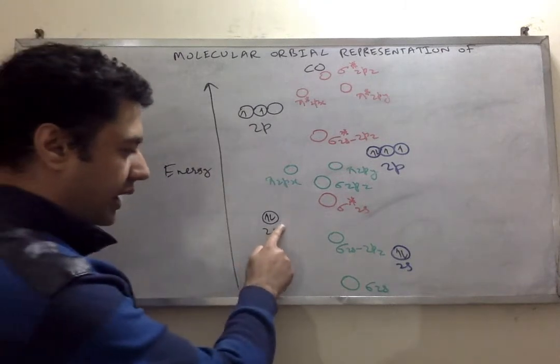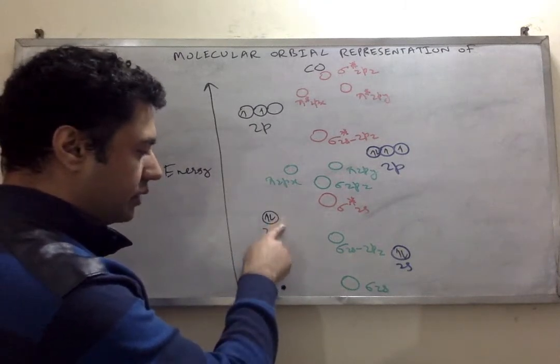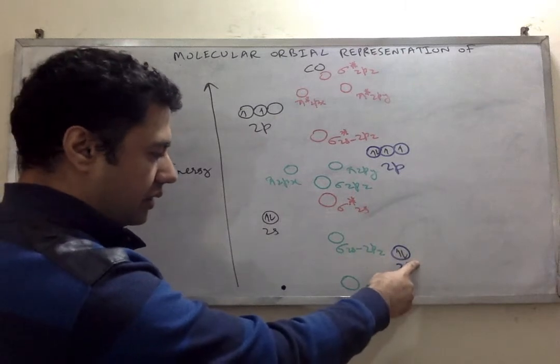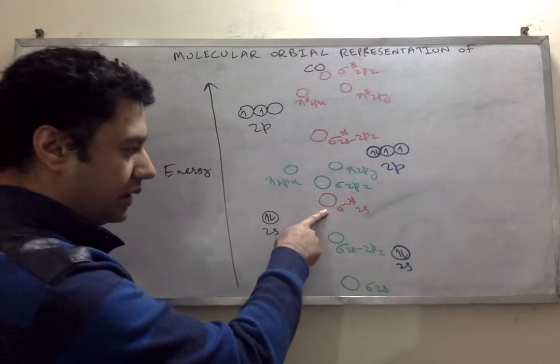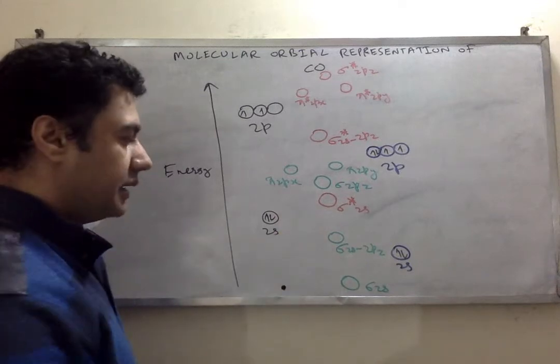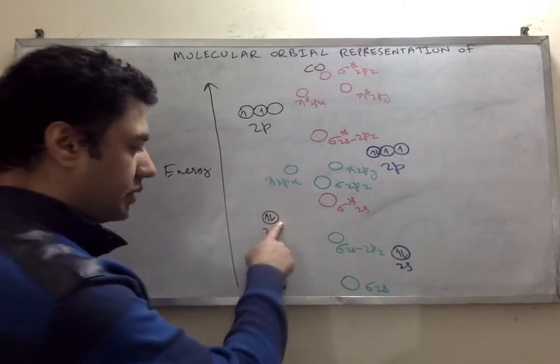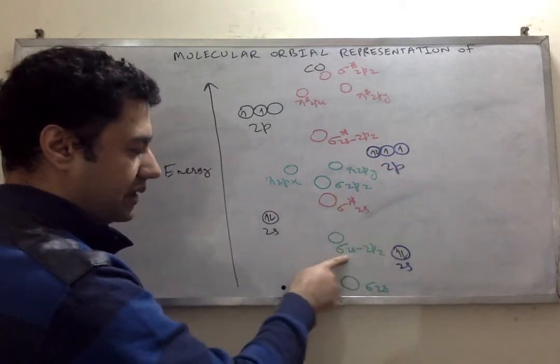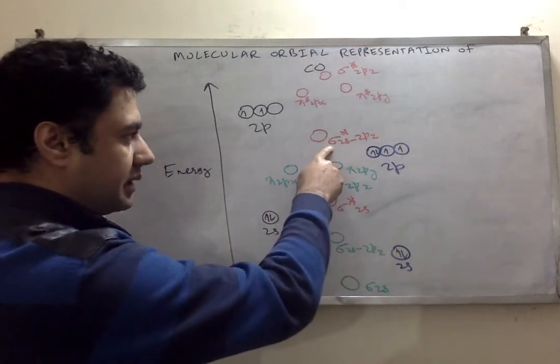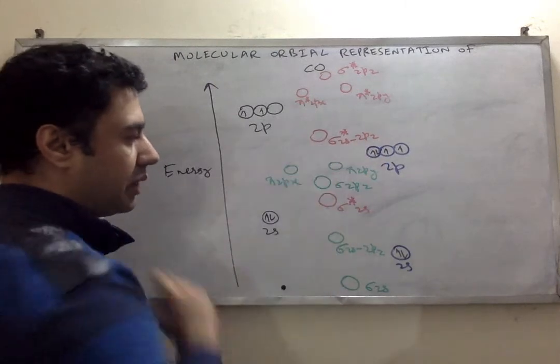First of all, we had interactions between the 2s of carbon and the 2s of oxygen, which resulted in a bonding sigma 2s and an anti-bonding sigma star 2s. Then we had interaction between the 2s of carbon and the 2pz of oxygen, which resulted in bonding sigma 2s 2pz and sigma star 2s 2pz, the anti-bonding one.